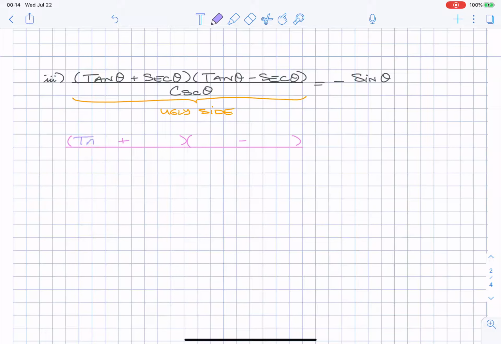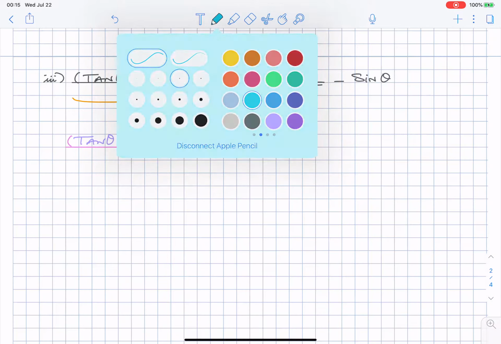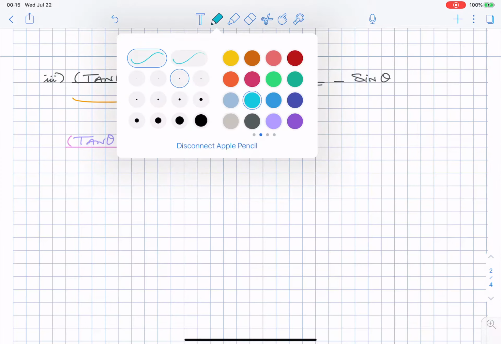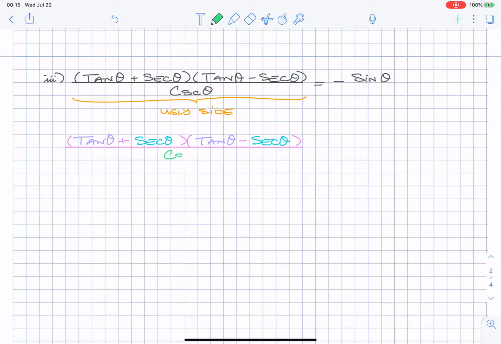So tangent of theta. And for secant, let's use blue. Secant of theta. And for cosecant, let's go ahead and use green. Cosecant of theta.